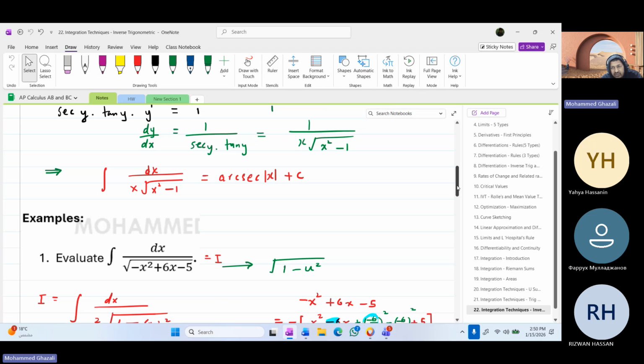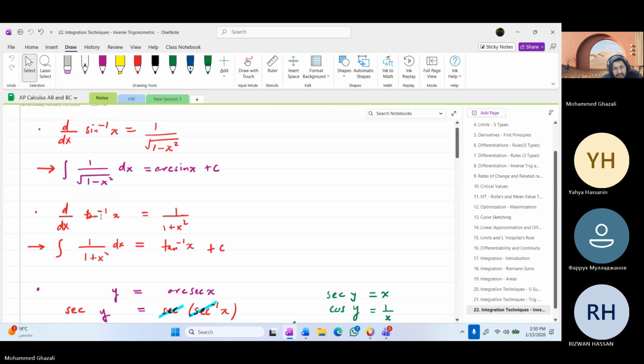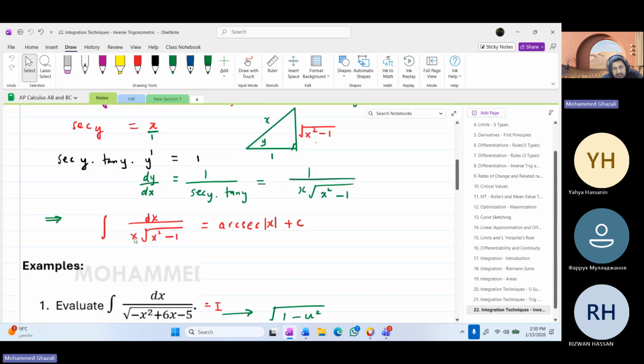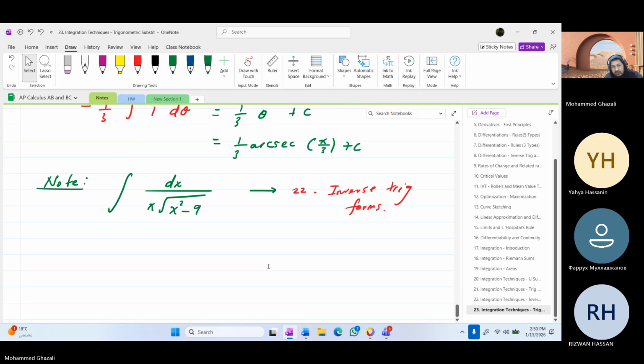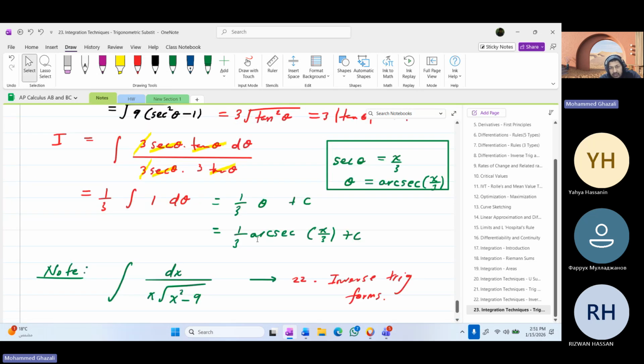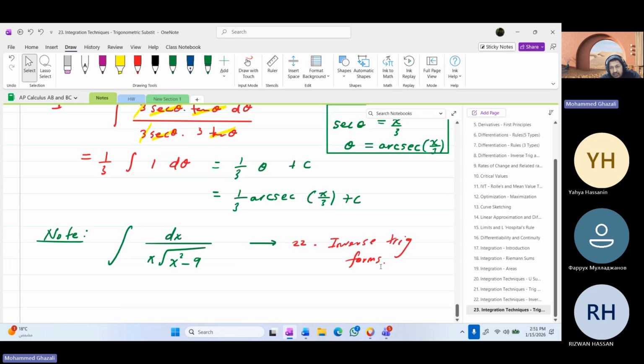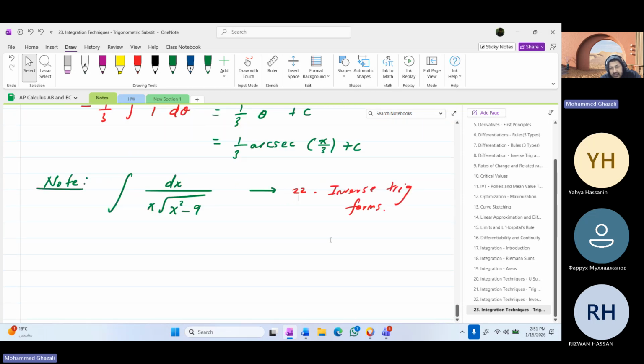Right, so remember the inverse trig form, the 3 forms that we have. See, look at this form here. Right? Are we good? So you got to complete the square here, and it's the exact same form, this integral here. So you can use the arcsec form over here. Right, guys? Make sense? Are we good? Yeah, makes sense. So you can also use the previous example to solve this, and you come up with the same answer: 1/3 arcsec x over 3 plus c. Yeah, this is great.